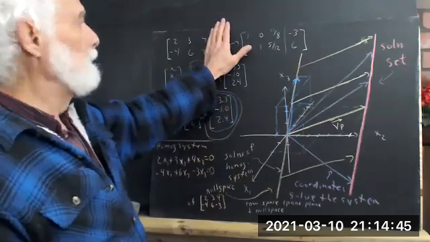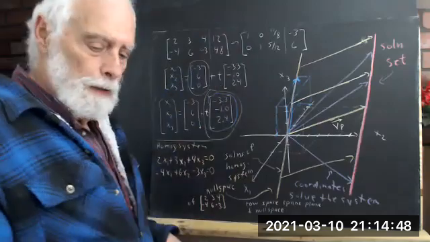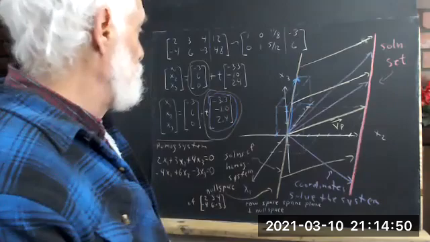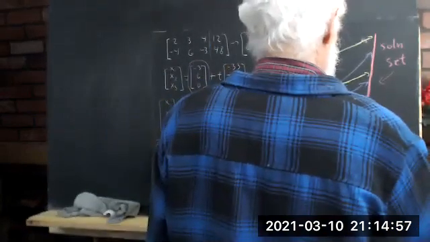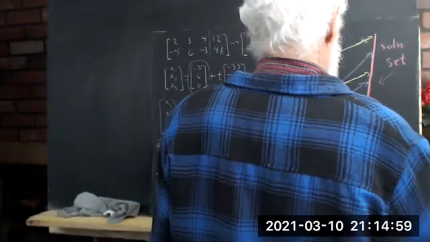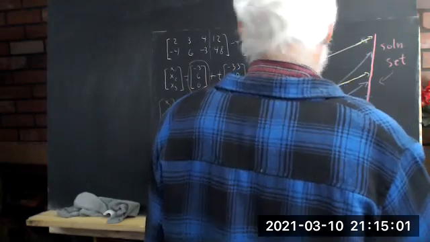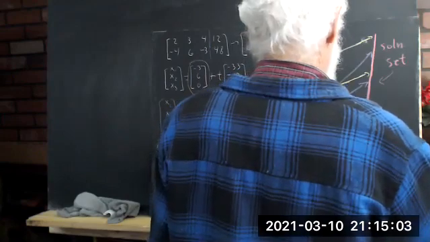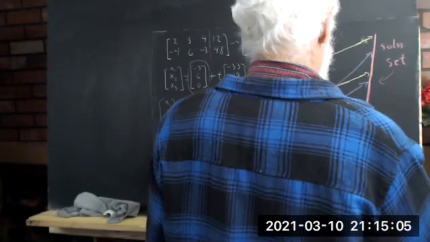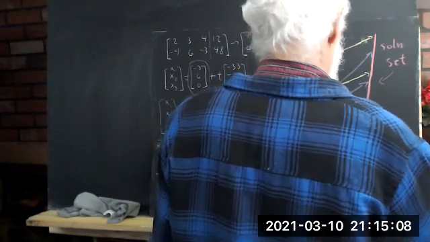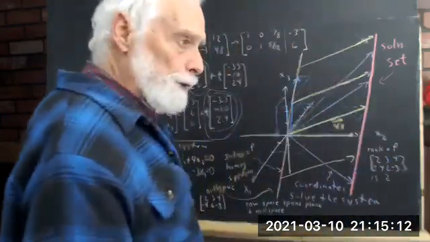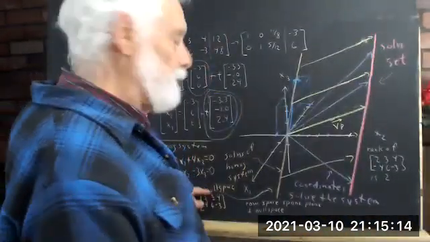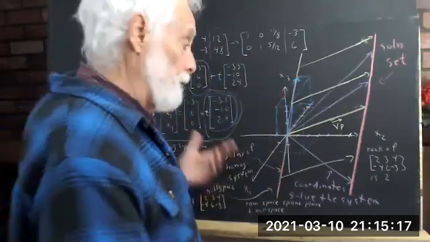The rank of this matrix, I haven't written the matrix out, and it's worth writing out. So rank is 2. The nullity is the dimension of your null space. It's one dimension. It's a line.